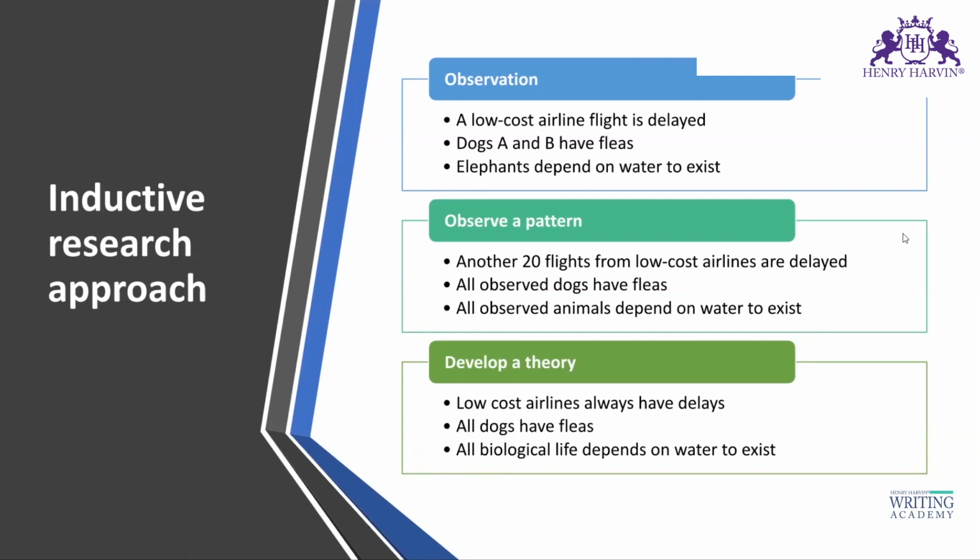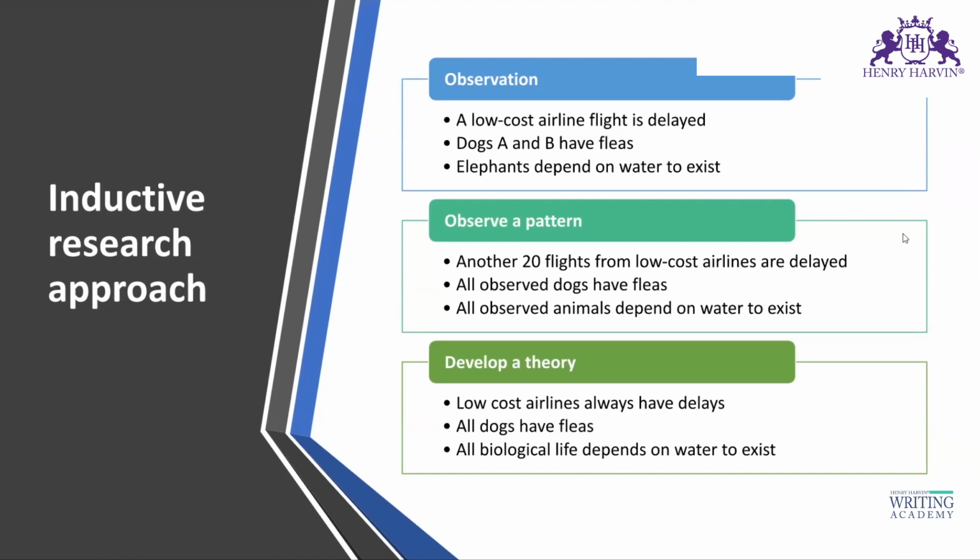And the third one is that all biological life depends on water to exist. So these are the three statements that I have given. And what was the reason to give this theory? The observation that I made. Okay, so is this inductive research clear to people? Yes. How did we do that?